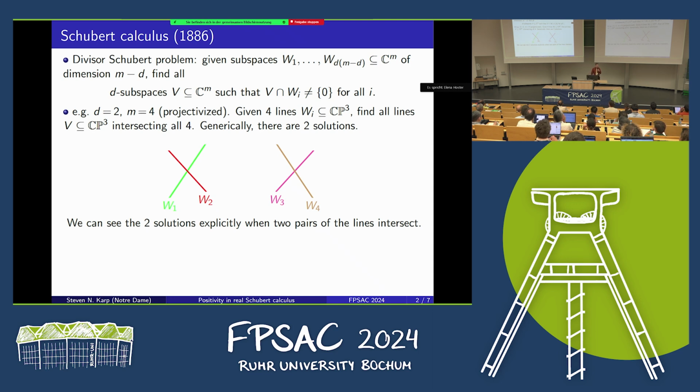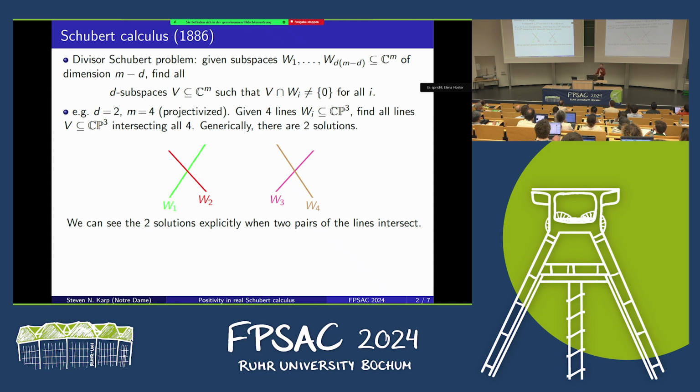So let's look at a concrete example. This is the classical example in Schubert calculus when d equals 2 and m equals 4. In this case, our w_i's and our v are two-dimensional subspaces of C^4. But to make things easier to visualize, we can projectivize.